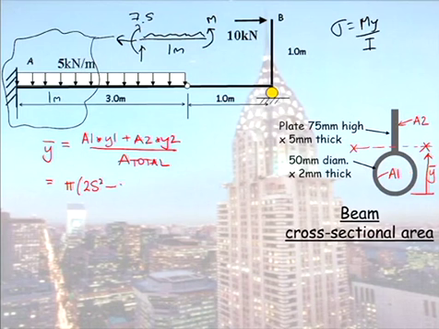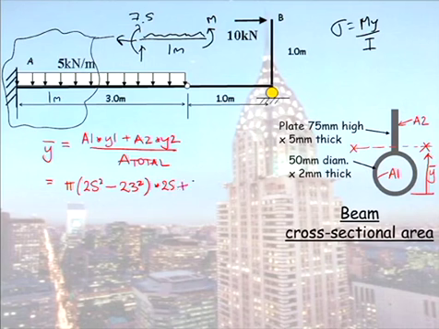So from that I would subtract, do I subtract 21 or 23, everyone? Good. This is where people go wrong. And the distance to the centroid of that section, it's a 50 mil diameter, is 25 mil, because I'm measuring distances from the bottom.